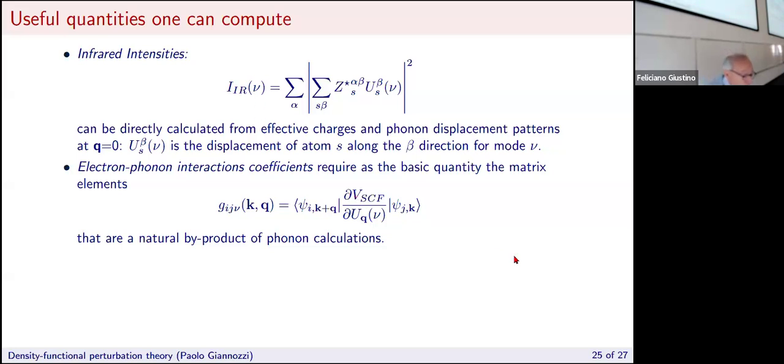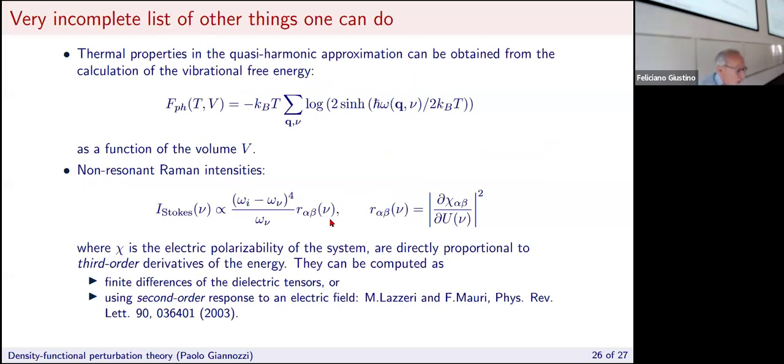And the very basic ingredient are matrix elements of the linear response of the potential between Kohn-Sham orbitals. So this is a perturbation of monochromatic wave vector Q. This is a Bloch state of wave vector K and K plus Q. So these are non-zero.